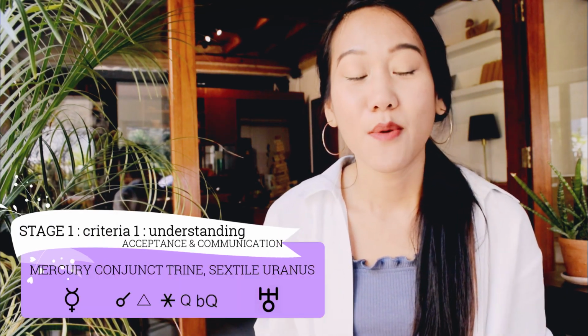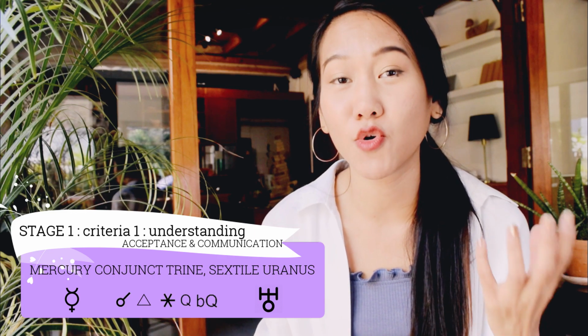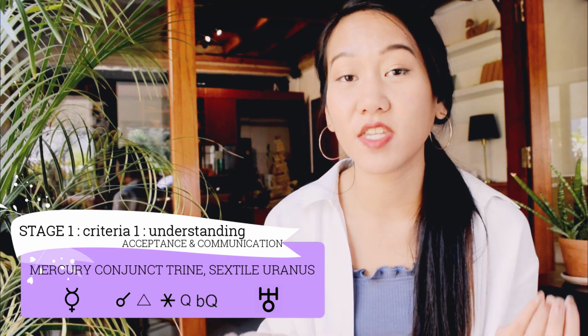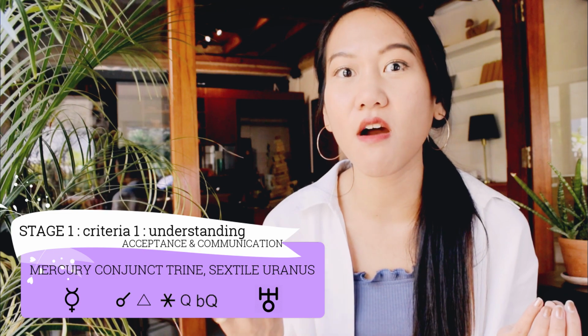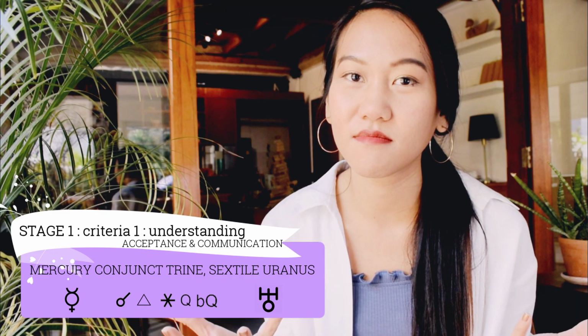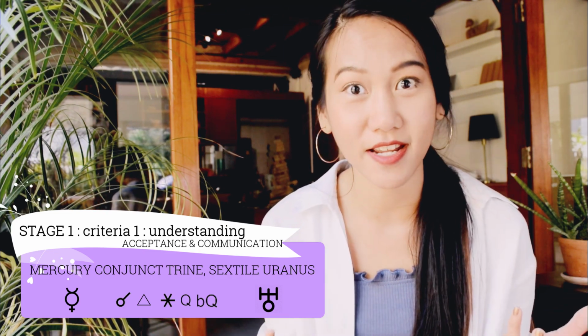And the other aspect you can be looking for is if you have a Mercury conjunction, trine, sextile, quintile, or biquintile Uranus. This is wonderful because it is putting the lower mind, Mercury, with the higher octave of Mercury, which is Uranus.